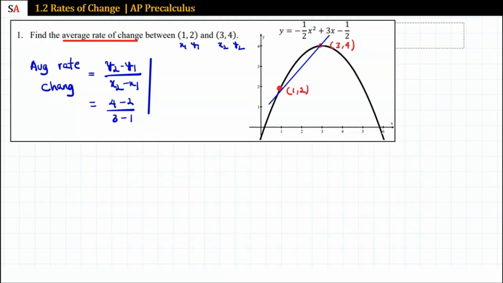So 4 minus 2 is 2, and 3 minus 1 is 2, so 2 over 2 is just 1. The slope of this secant line is 1, that is the average rate of change. You can also choose this point as x2, y2 and this one as x1, y1. You use the formula and you will get the same answer.